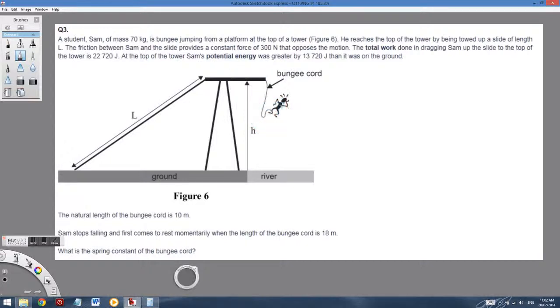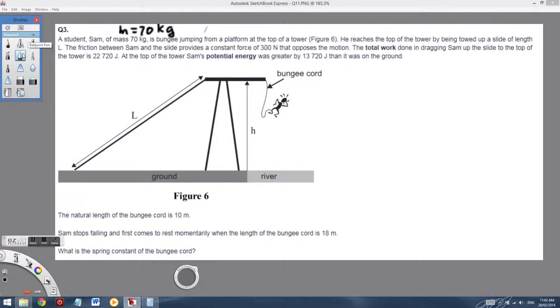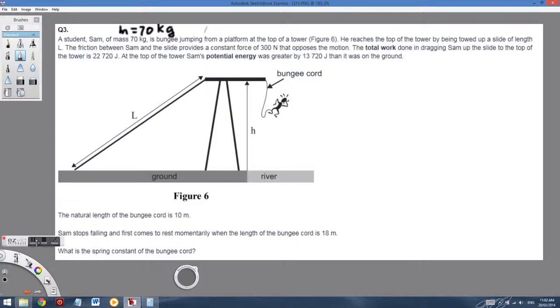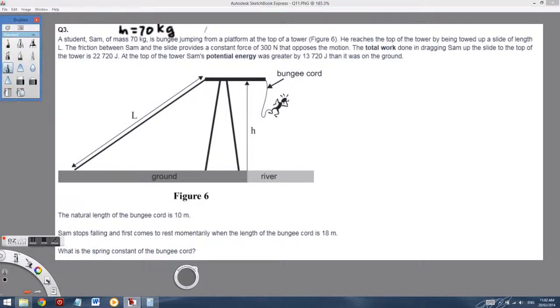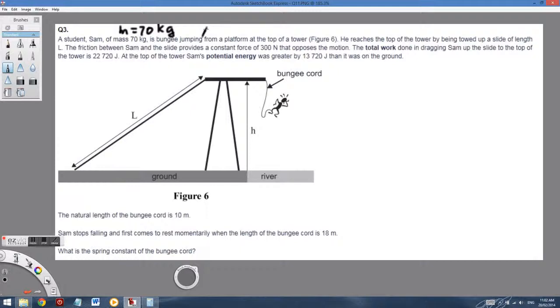Now have a look at this question. We have a man of mass 70 kilogram. Let me use a pencil this time. He jumps from a tower in figure 6.